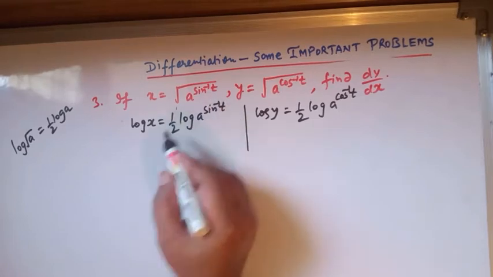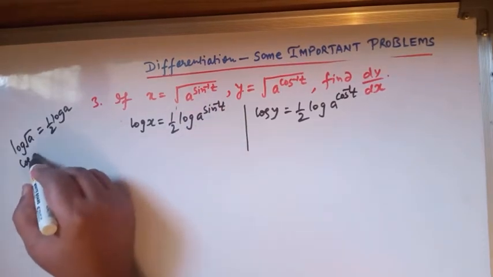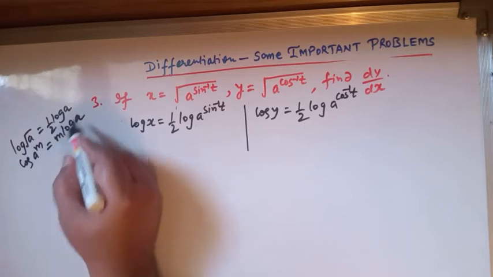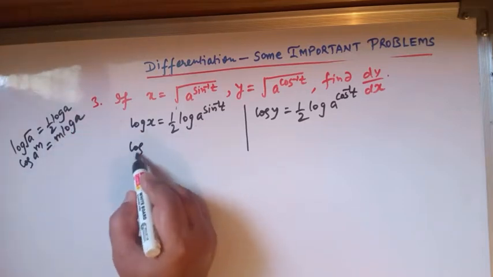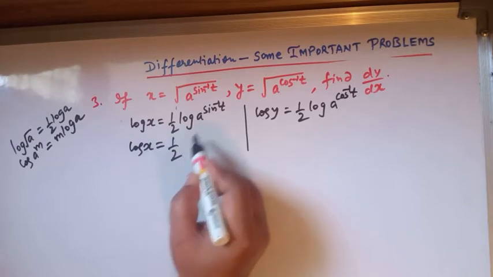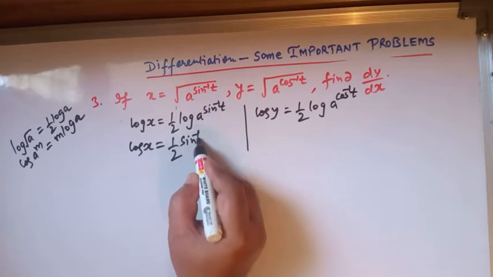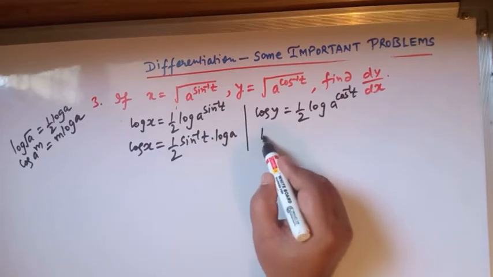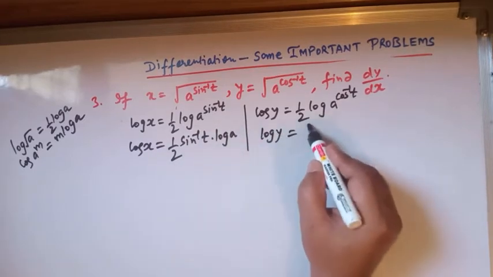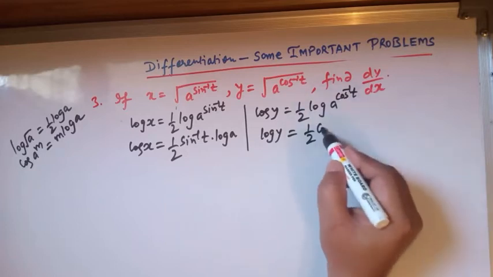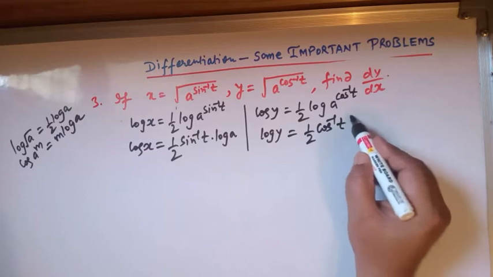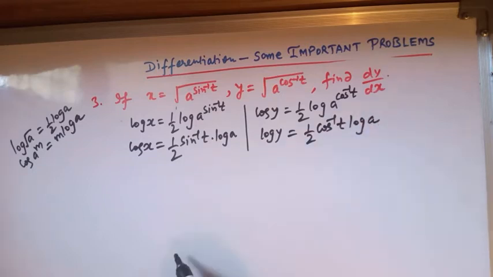Now again we'll use this property, log a raised to m is m log a. So we'll have log x equal to half of sine inverse of t multiplied by log of a. Here we have log y, this is half, and we'll take here the term cos inverse of t, then we have log of a. Clear?